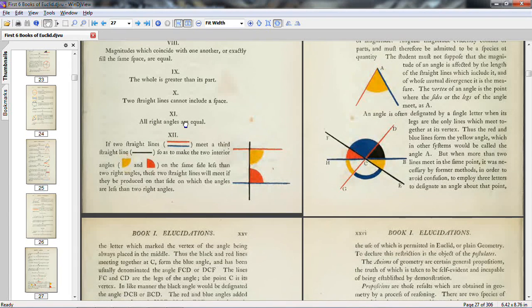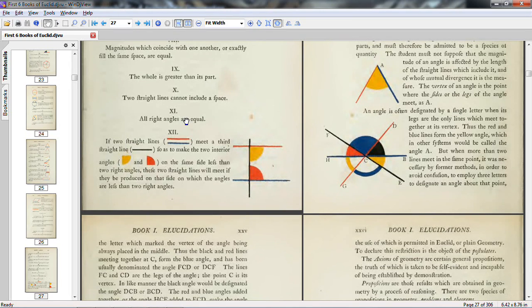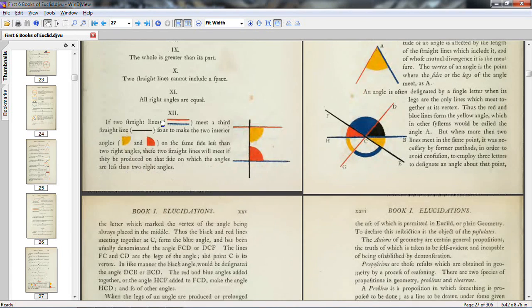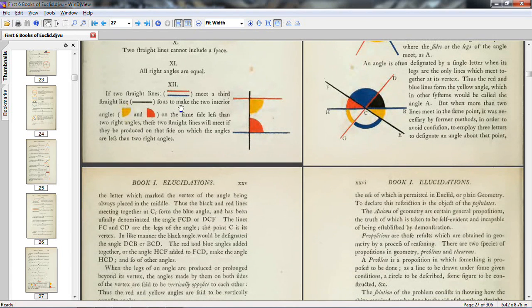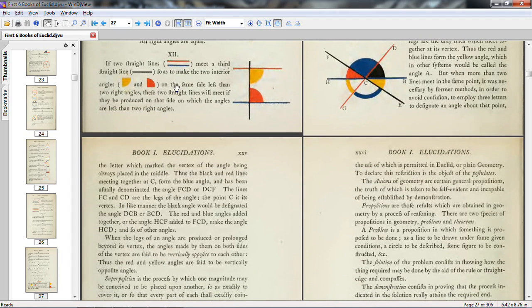Oh wait, now this might have become a postulate, possibly, because I remember this is in there. I'm pretty sure. If only there was some way to look at your browser cache.